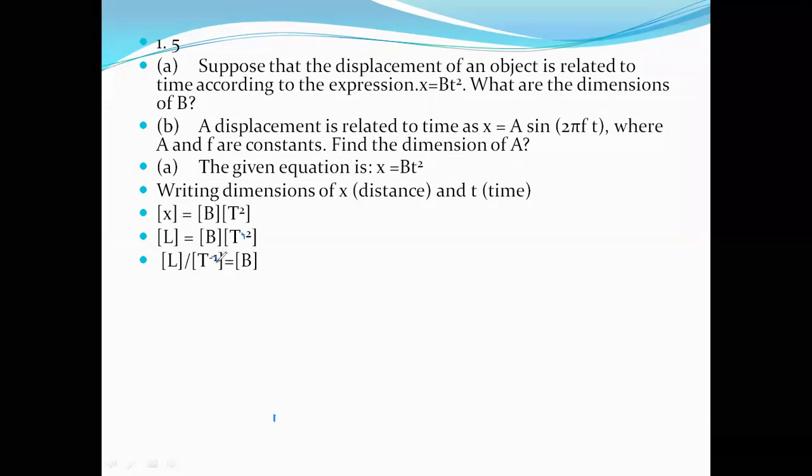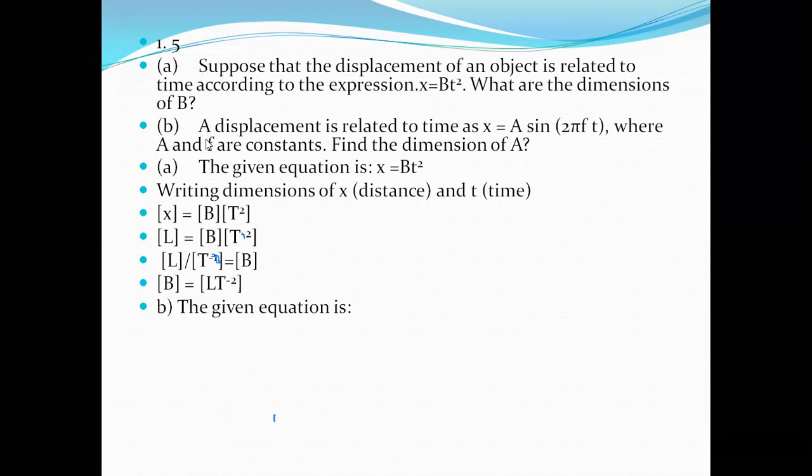So the dimension of p is L over t square, because when it got to the other side it became 2. Now the dimension of p can be written as p is equal to L into t to the power minus 2, which was derived from the previous equation, and writing them in units we have meter per second square.